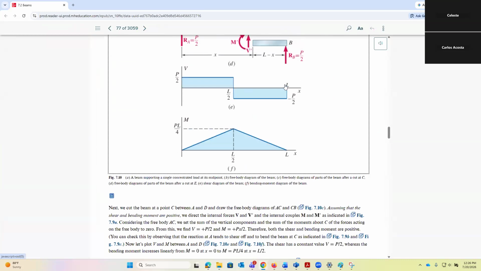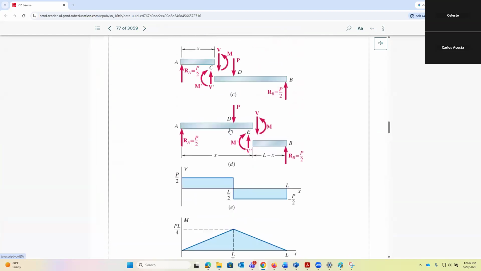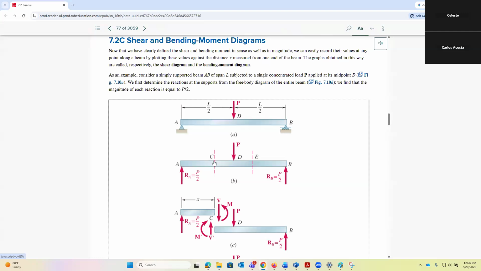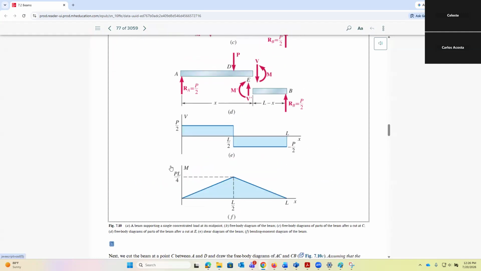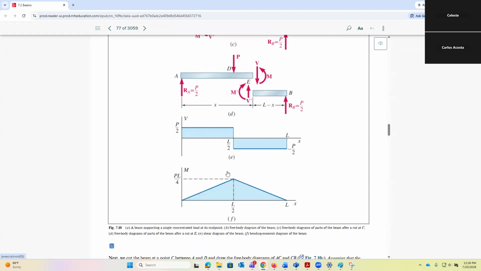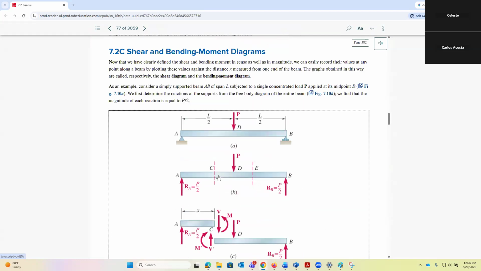L over 2, P over 2. So the moment here is PL divided by 4, which is the maximum.